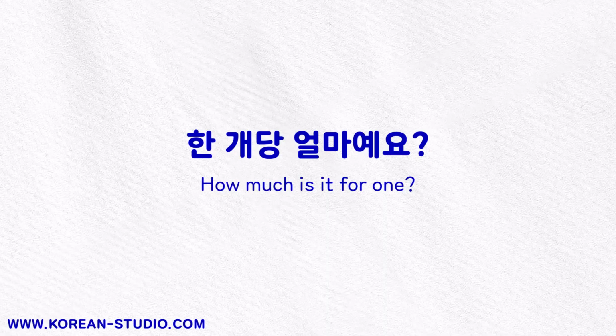So we can ask 한 개당 얼마예요? How much is it for one? So as mentioned already, the word 당 can mean each or per. So 한 개당 means for one. 한 개당 얼마예요?